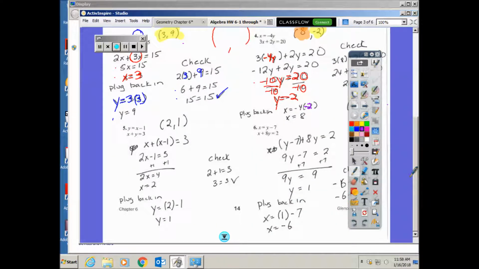Here it's a little different. Y is equal to x plus 1. So we take out this entire y and we put in x minus 1. That's in parentheses. Now, we can't subtract 1 from x, can we? They're not like terms.